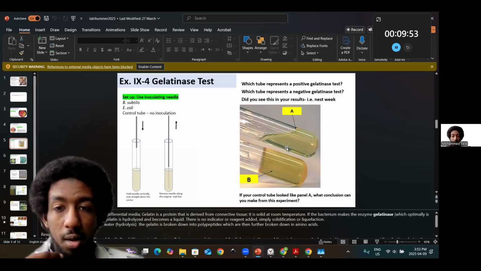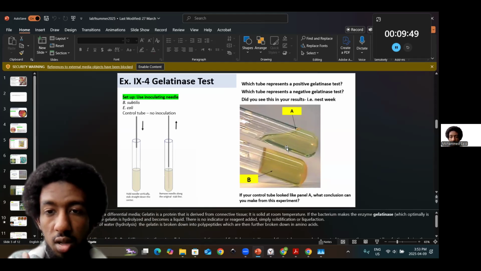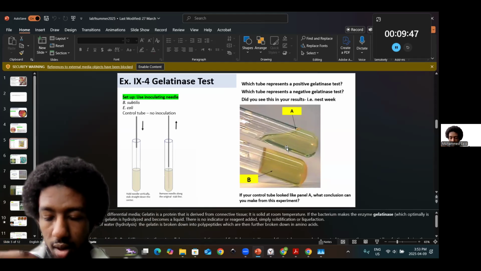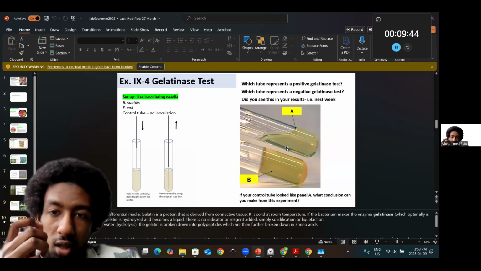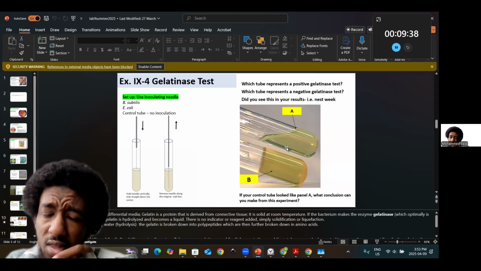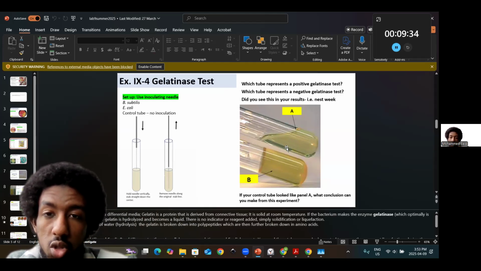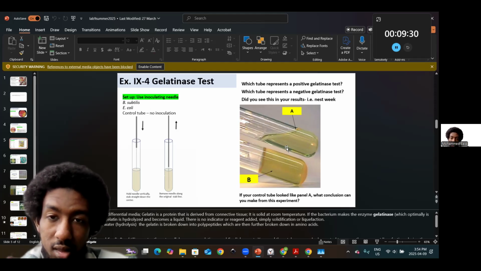If it has the bacteria, let's say after you inoculated the tube halfway in, if it has gelatinase, which is also another exoenzyme, then it will be able to break down gelatin, meaning that the porous nature increases.